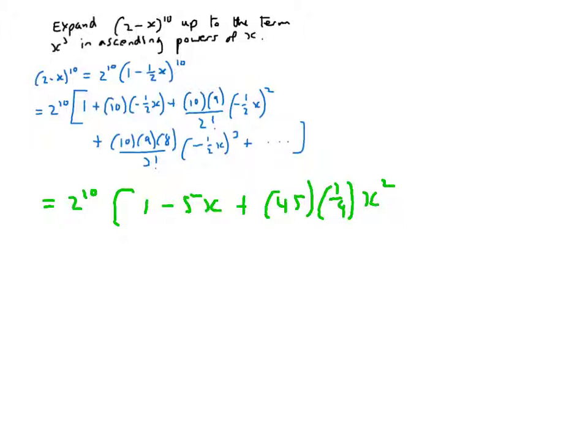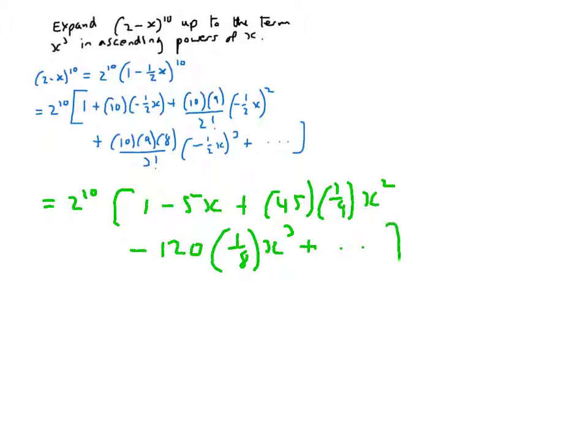And then minus again, because this is cubed. 10 times 9 times 8, all over 3 factorial, let's do that in the calculator, is 120, and then minus a half, all cubed. As I say, this already gave us the minus sign, so this would be 1 over 8 x cubed.